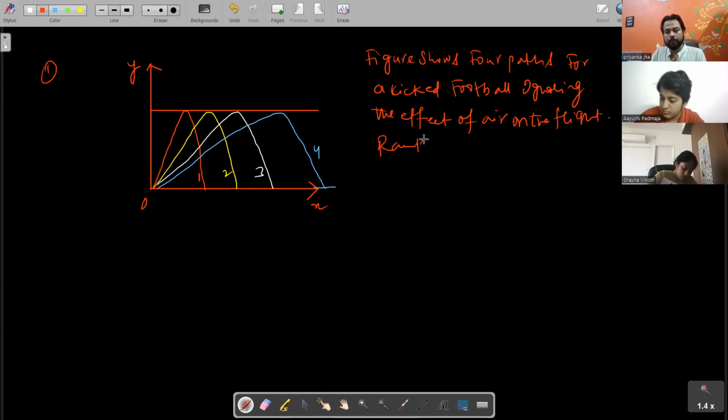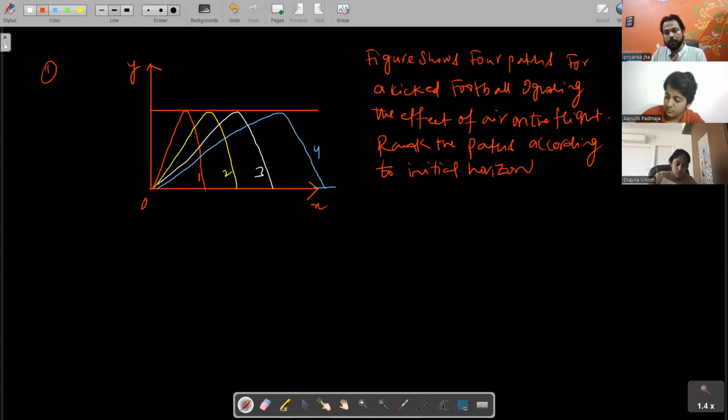You have to rank the paths according to initial horizontal velocity component, highest first.